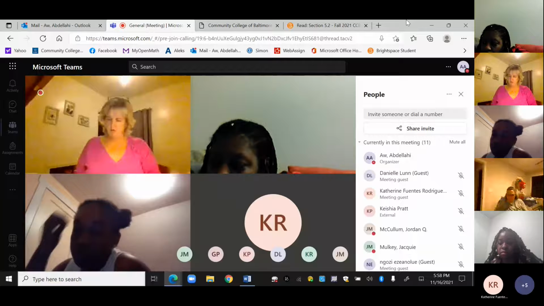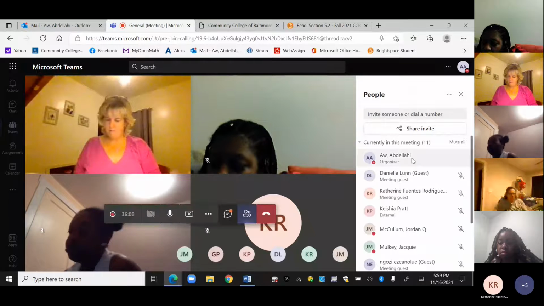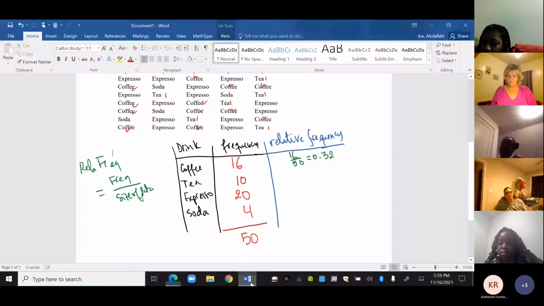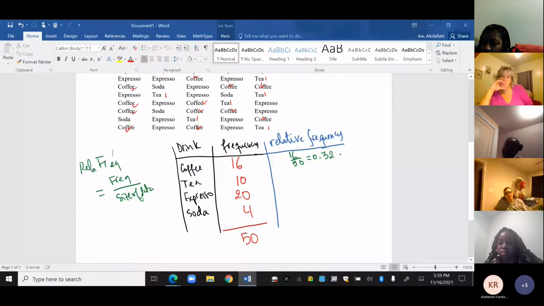If you want to convert it into a percentage, the percent sign means division by 100. What number do you have to divide by 100 to get 0.32?